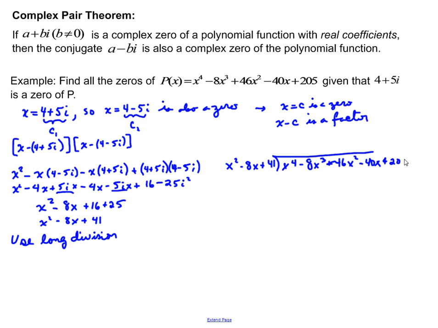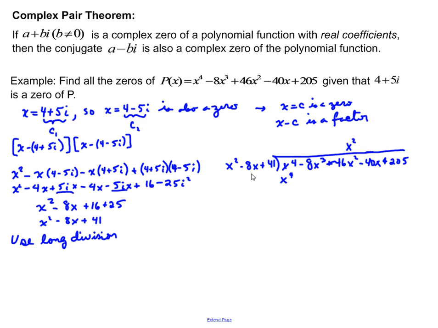Those just seem like big numbers, but not as big as we could make them. So what do you have to multiply by x squared to get x to the fourth? That's right, it's got to be x squared. So x squared goes here. X squared times x squared gives me x to the fourth, just like I wanted.